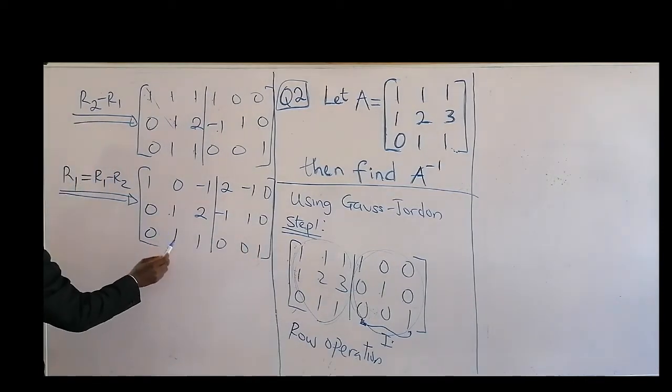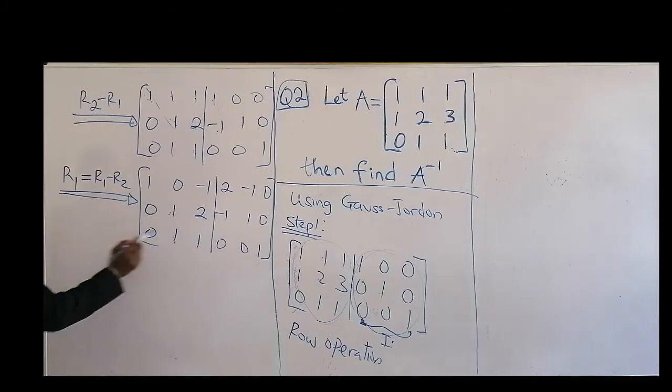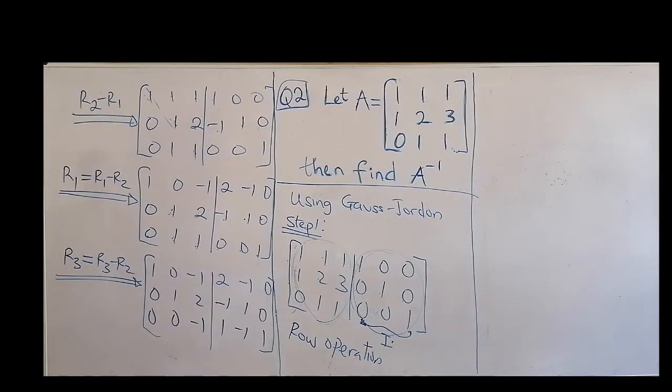I can work on row 3. If I subtract this third row minus this second row, 1 minus 1, I'll have 0 here. And here, 1 minus 2, I will have minus 1. So I can say the third row equals row 3 minus row 2. Then you can see that it's forming now.